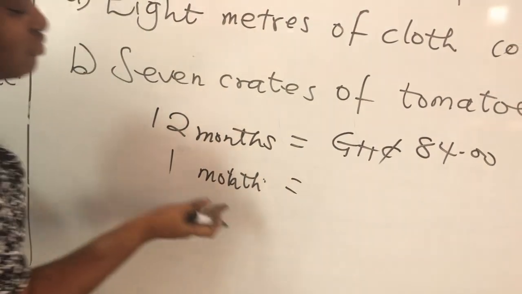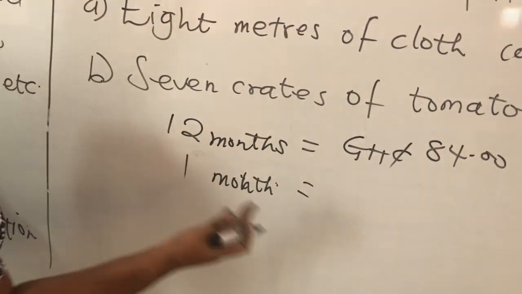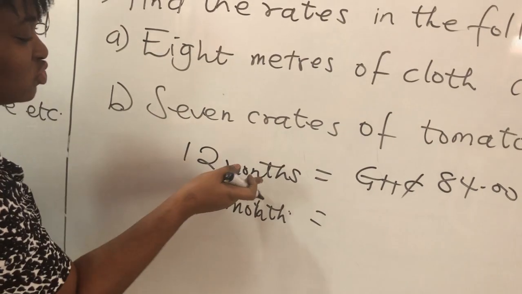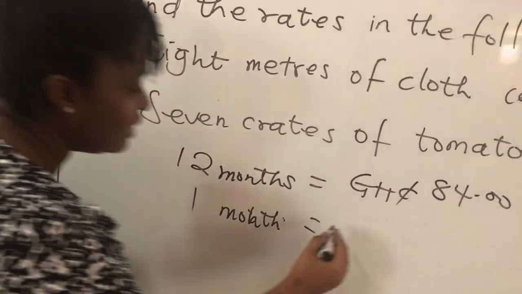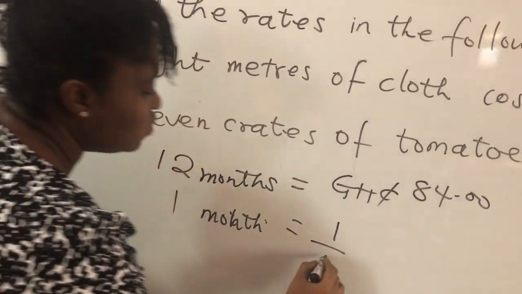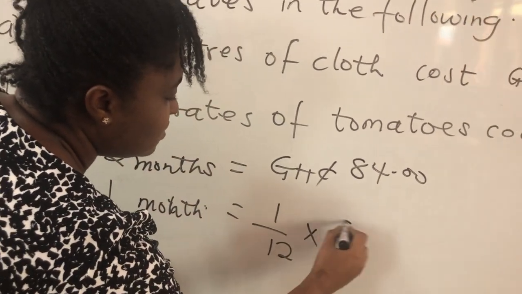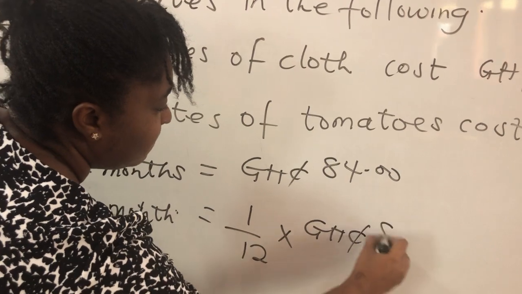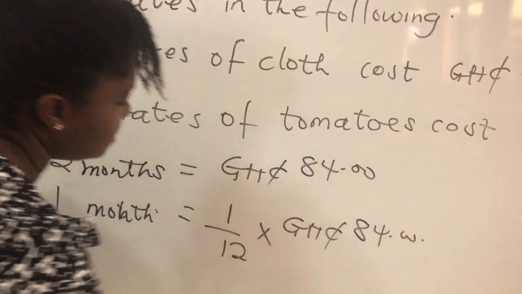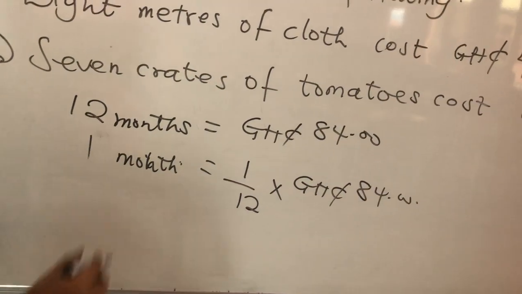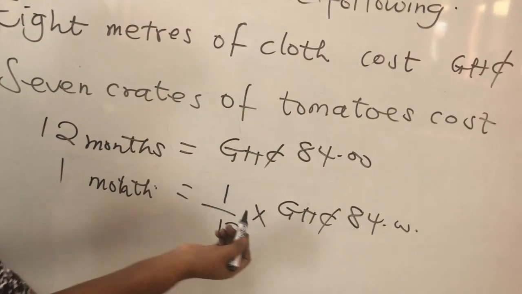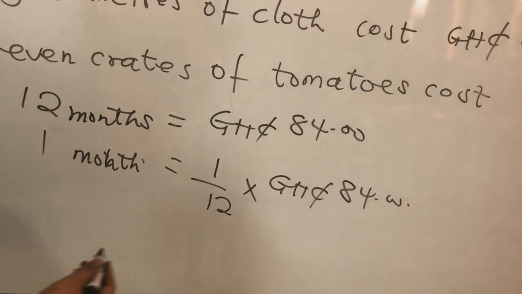Now, our if more or less divide thing here, you already know it. So if 1 month, 12 months, we are finding less. So 1 month over the more, which is what? If less, more divide. So 1 over the 12 times what? 84 Ghana cedis. Now, I didn't write the month here because you already know the month will cancel the month. So what do we have?